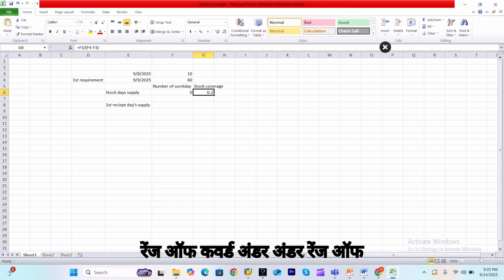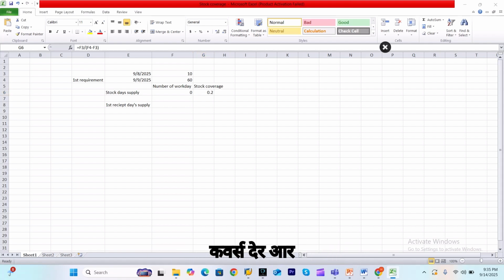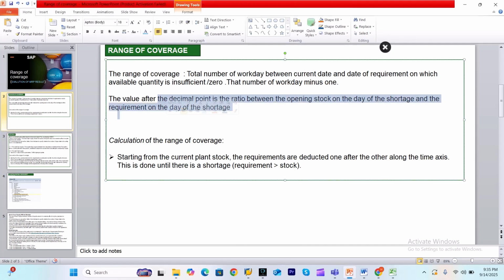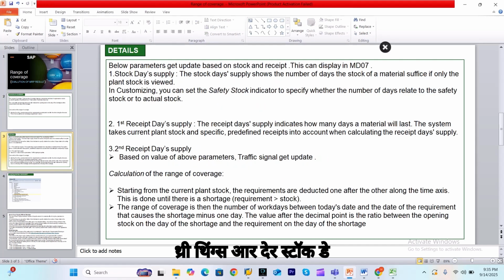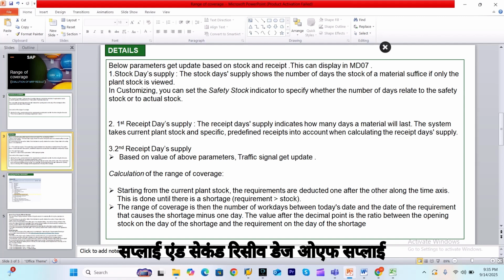Under range of coverage, there are three things: stock days of supply, first receipt days of supply, and second receipt days of supply.